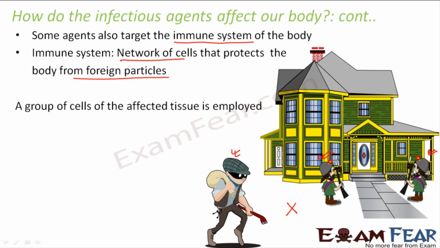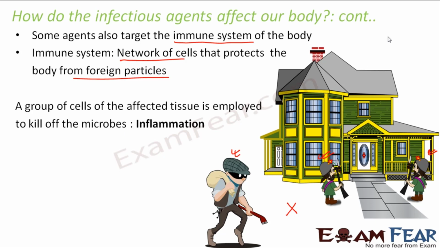Now when the thief is outside your house boundary, the security guards will not fight, right? Because they will not know if he is a thief or if he is going to bother you. But as soon as the thief enters your boundary, the security guards will start fighting. Similarly, as soon as a microbe enters, a group of cells of the affected tissue is employed to kill off the microbes.